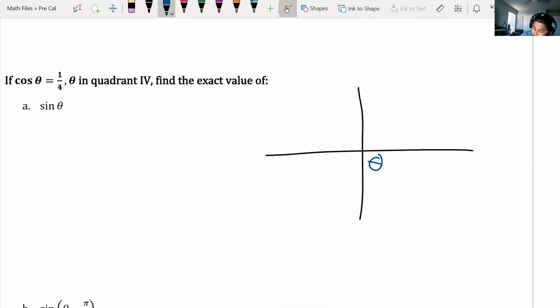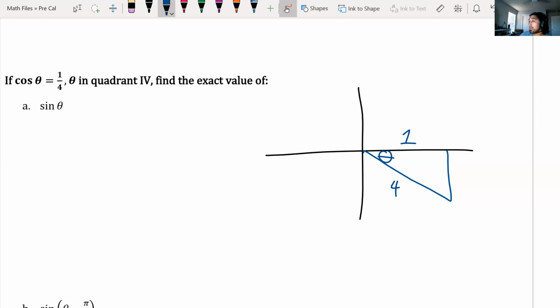So that means I should draw my triangle first. So we are in quadrant 4. Here's theta. And if cosine is 1/4, how do I label this triangle? The hypotenuse is 4, and then theta, and then the x is 1. Good.